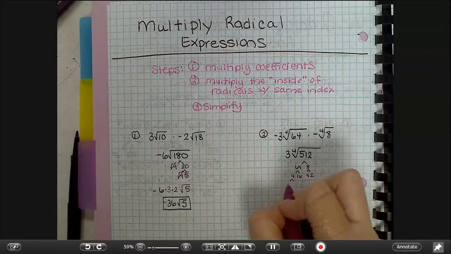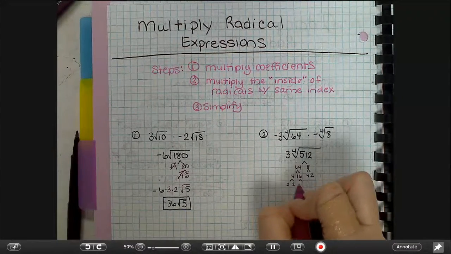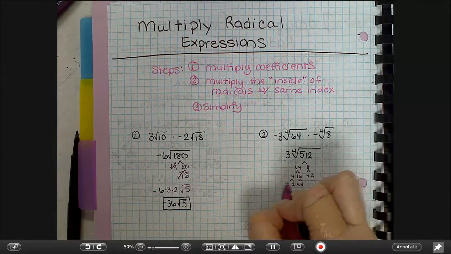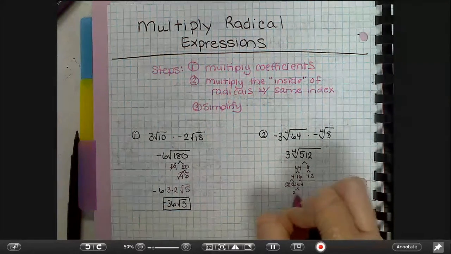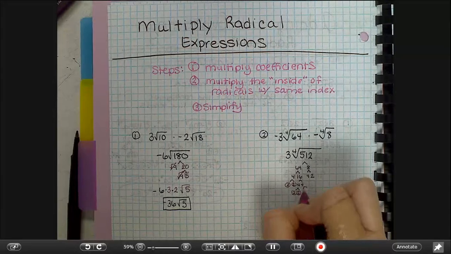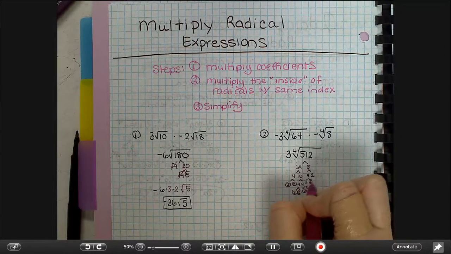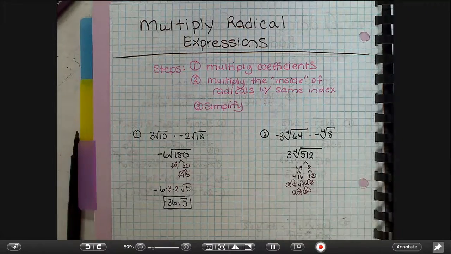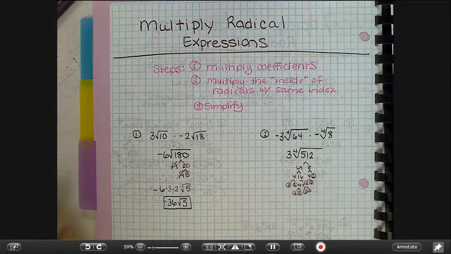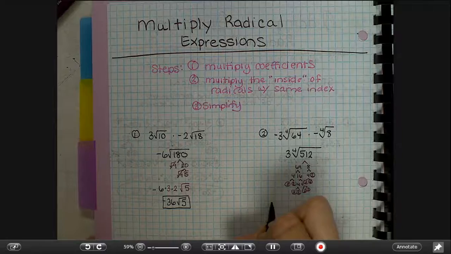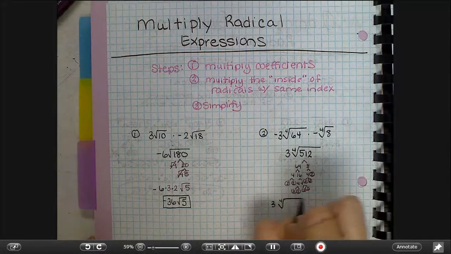I'm going to go all the way down for this one. 4 and 4, 2 and 2, 2 and 2, another 2 and 2, this is a lot, and the last 2 right there. I'm going to do this the more complicated way to me, but it works better for me for this kind.